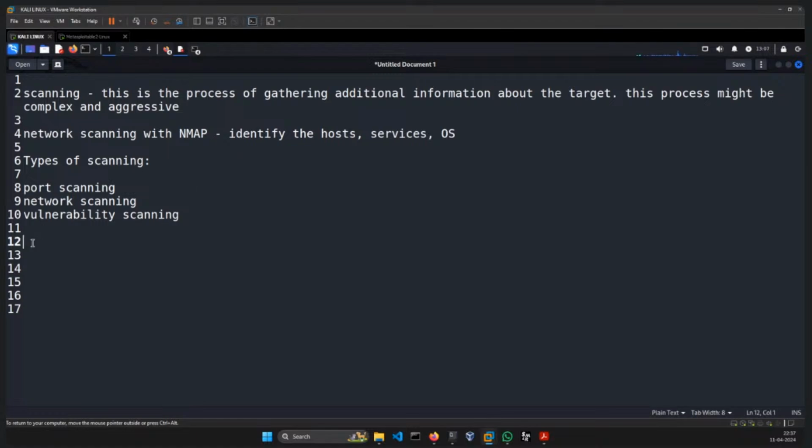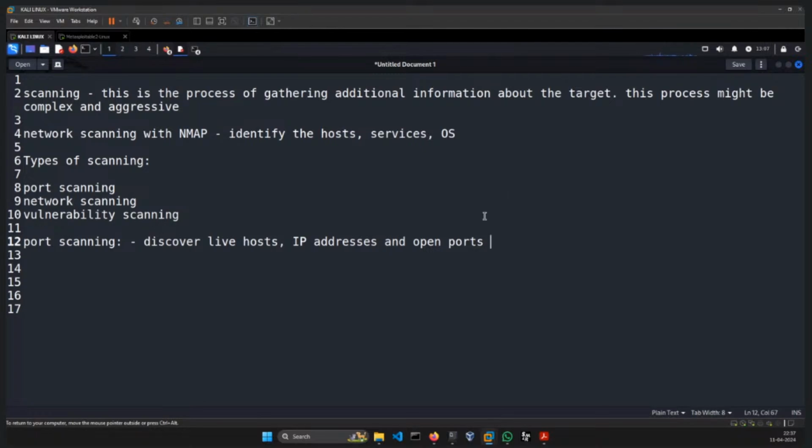So what do we actually do in port scanning? We discover live hosts, then IP addresses and open ports. After we run this kind of scanning, we will find certain ports and IP addresses on which we can later perform our exploitation.